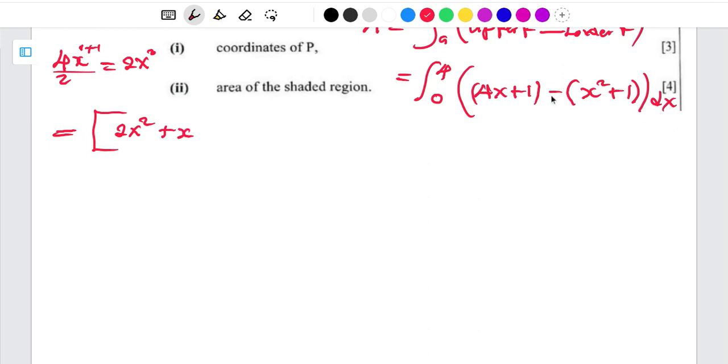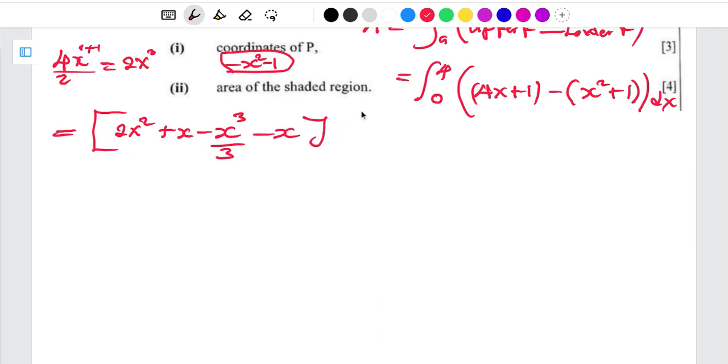Now remember, here there is a negative. So if I distribute a negative here, what am I going to get? I'm going to get negative x squared, then minus 1. This is what I'm going to get inside without integrating it. But if I integrate this one, which is inside, I'm going to get x cubed, then divided by 3, then minus x.